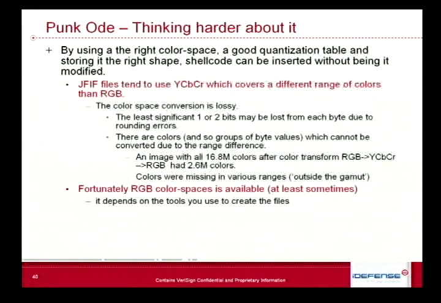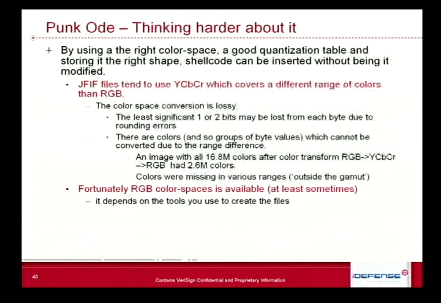And there are colors which can't be converted due to the way the format works. Like a 16.8 million color image, which covered all of the colors available for 24-bit. After I converted it into the YCbCr space and then back into the RGB space, it only had 2.6 million colors. So that's about 1/8 of the colors disappeared. They're outside the color gamut for that.